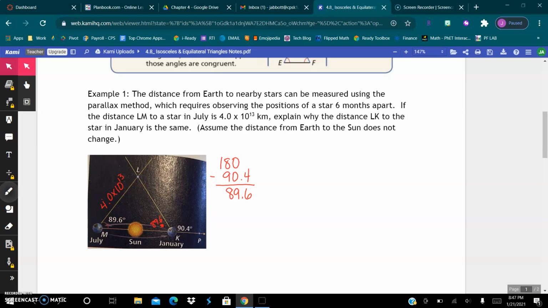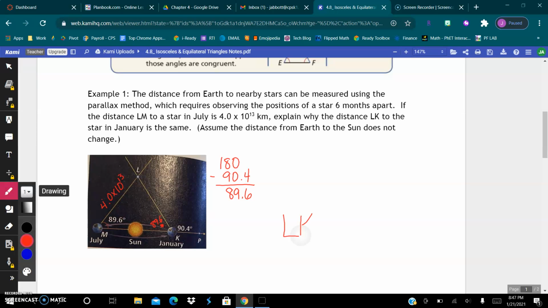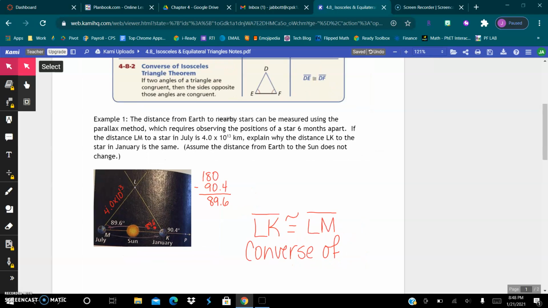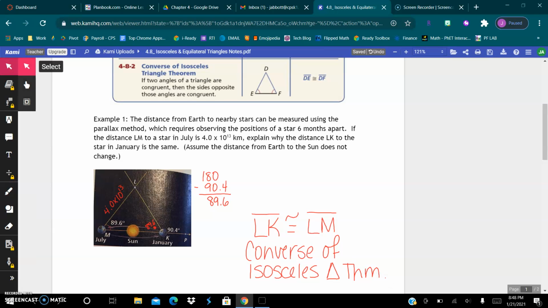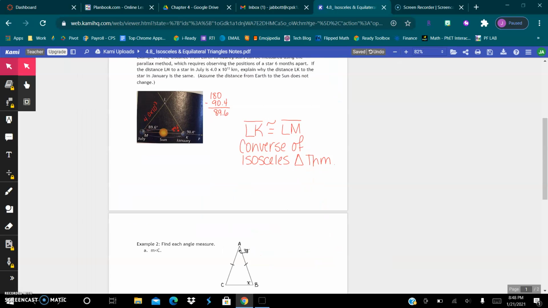So we can say LK is congruent to LM because of the converse of isosceles triangle theorem. So that is why the distances are the same.